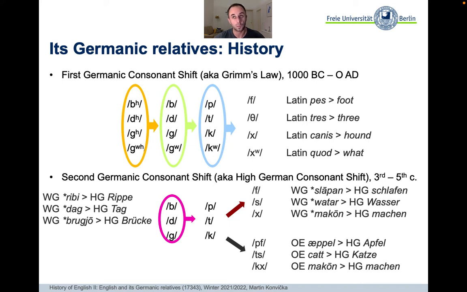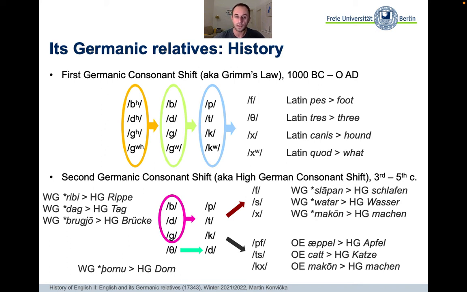And similarly, the West Germanic word brugio changes to Brücke, so g changes to k in this case. In English, there was another shift, a palatalization, which turned the g sound into j, bridge. And then as a fourth stage of this process, we also get the shift of the th sound into d. So instead of the West Germanic thornu, we have the High German Dorn.